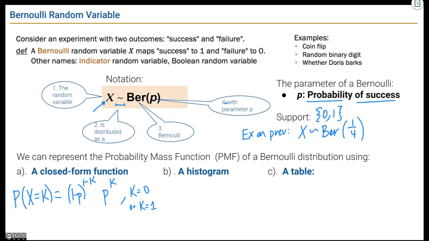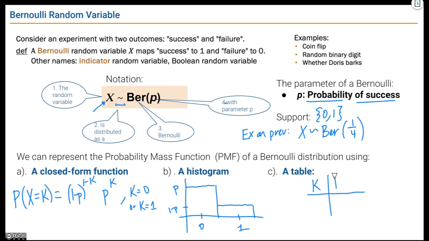Histogram, again, what that histogram looks like will definitely depend on the value of P, but I'll just do one possible one here. So it's possible if this is P, and this is going to be 1 minus P. And then a table, again, similarly to what we saw before, it's just defining this function, but I'll do it generically.